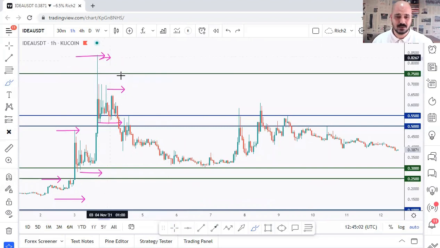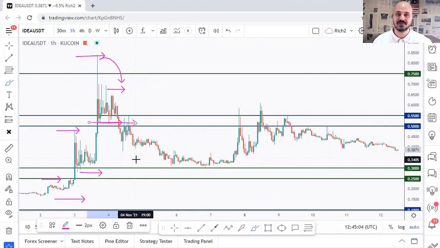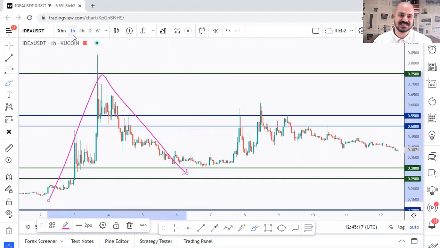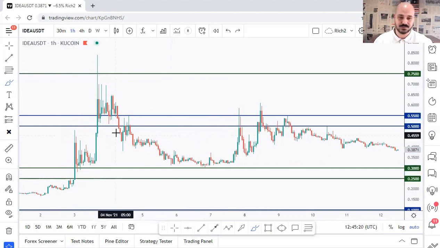Then it broke below the previous low. When IDEA broke this candle below this low, we know that the bears are taking over, and as a result we expect a shift in momentum from bullish to bearish, at least from H1, from a short-term perspective.